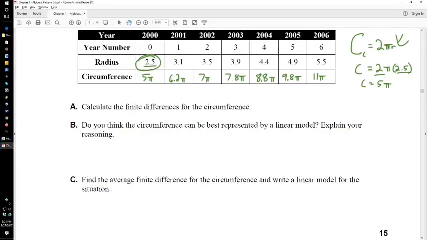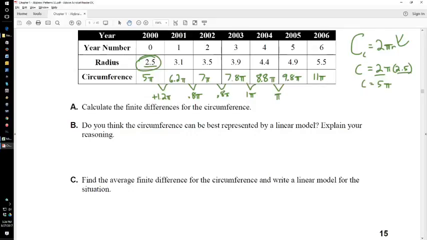So for this one, 6.2 minus 5 is 1.2, so we're adding 1.2 pi's. 7 minus 6.2 is 0.8, so we're adding 0.8 pi's. 7.8 minus 7 is also 0.8 pi's. 8.8 minus 7.8 is 1, so 1 pi. 9.8 minus 8.8 is also 1, so 1 pi, or I can just write pi.